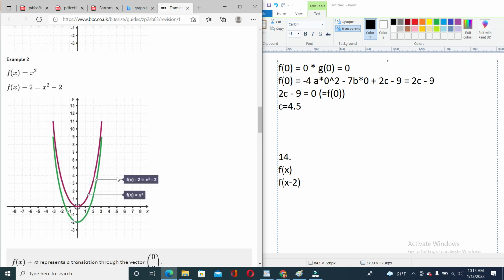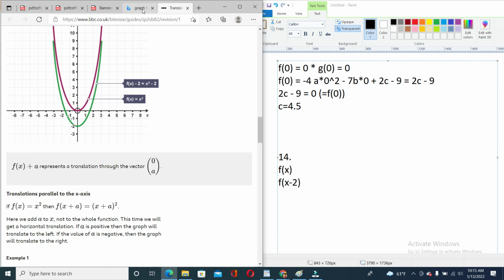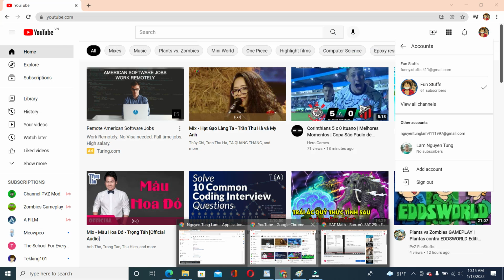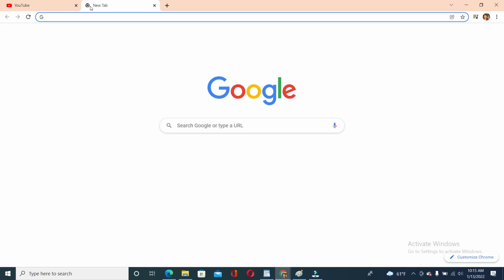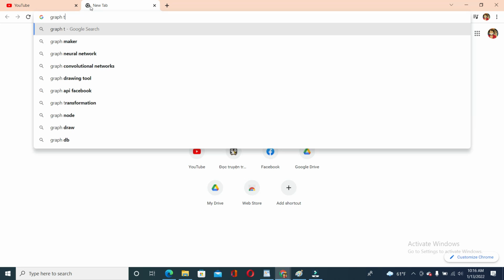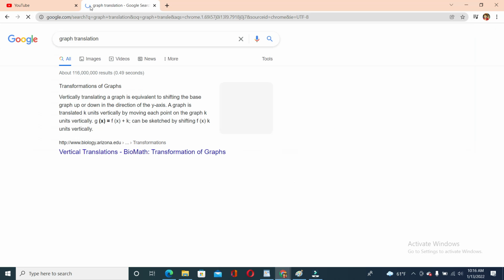So in this case, they are doing it for one particular instance, but I can actually find some general graph translation.